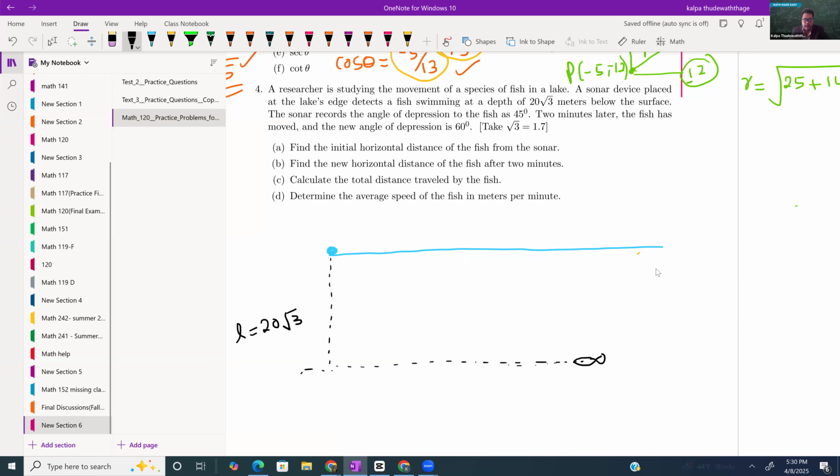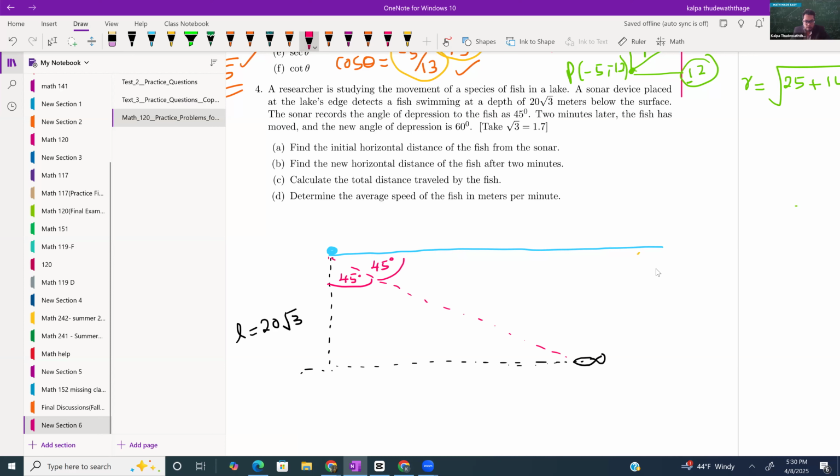The sonar records the angle of depression to the fish as 45 degrees. So from here to here is the angle of depression. I'll try to draw it like this. This is 45 degrees, which means this is also 45 degrees.